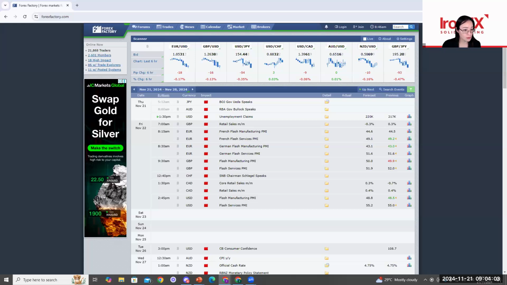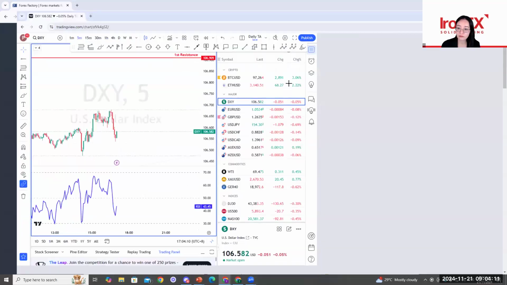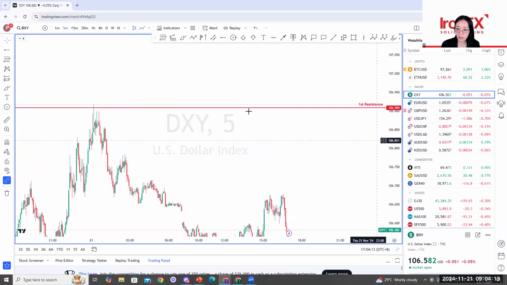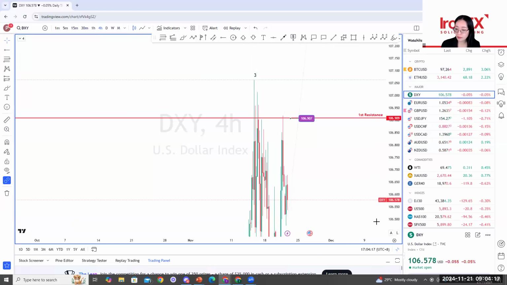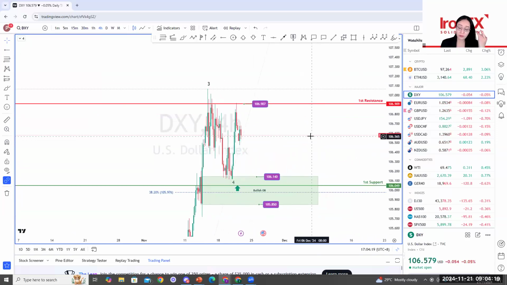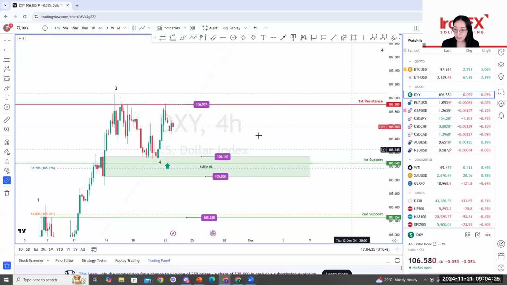Now let's look at our lovely chart for today. What is happening with the dollar? Basically, for the dollar, I highlighted the key level since November 20, which is yesterday.